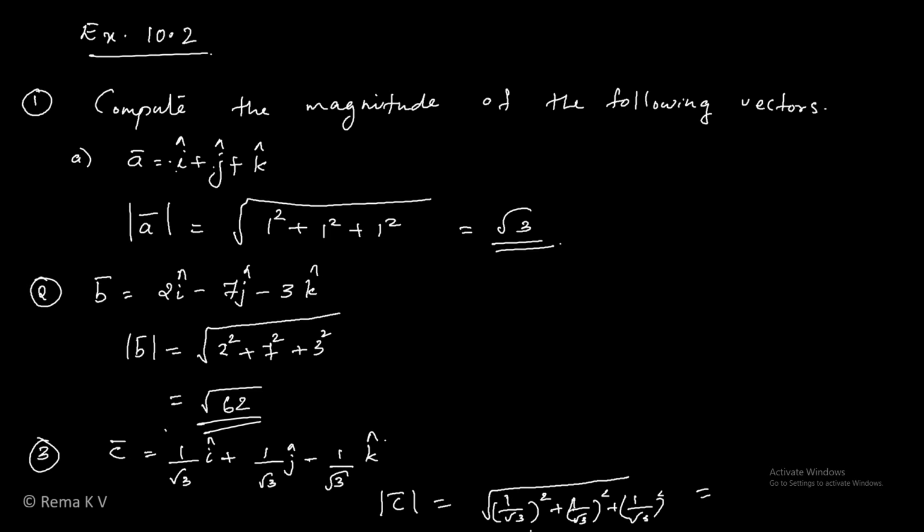That is 1 by 3 plus 1 by 3 plus 1 by 3 gives 3 by 3, which is equal to 1.